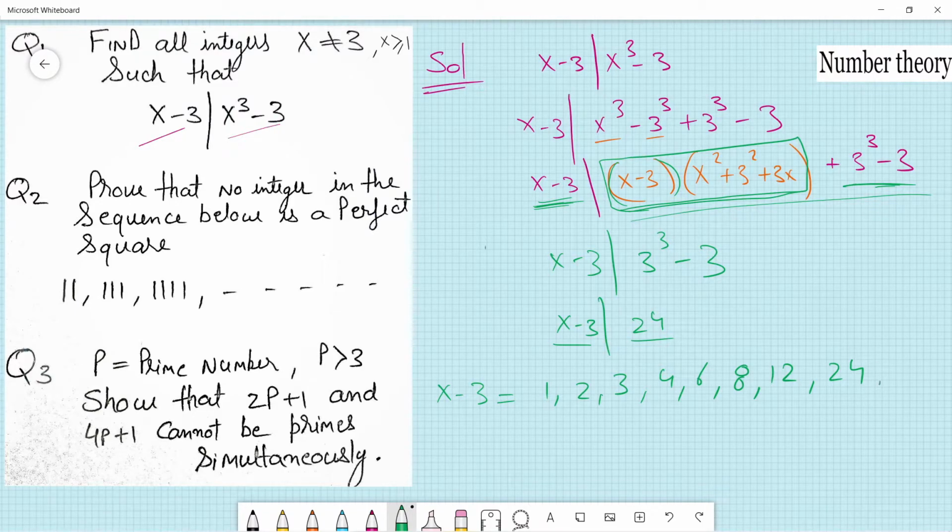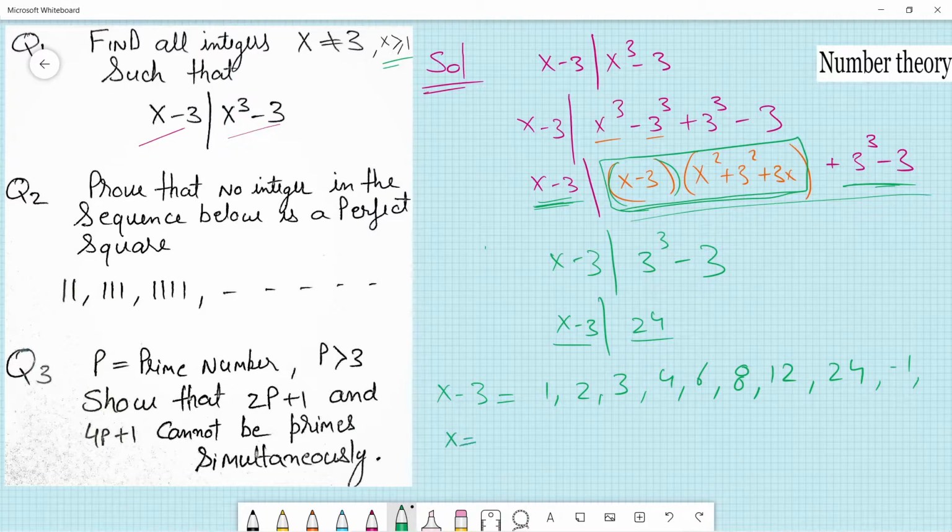We can take minus 1, we can take minus 3, but if we take minus 3, x will be 0, but we have to take x greater than or equal to 1. So we can't take negative integers except minus 1. We can't take minus 4, minus 6, because then x will not come out to be greater than 1.